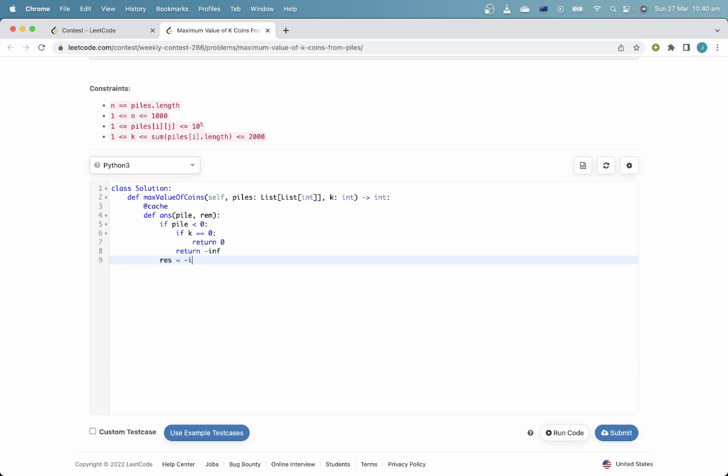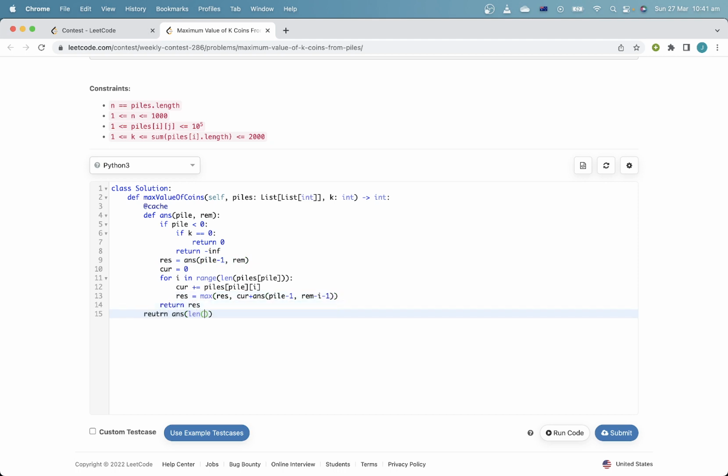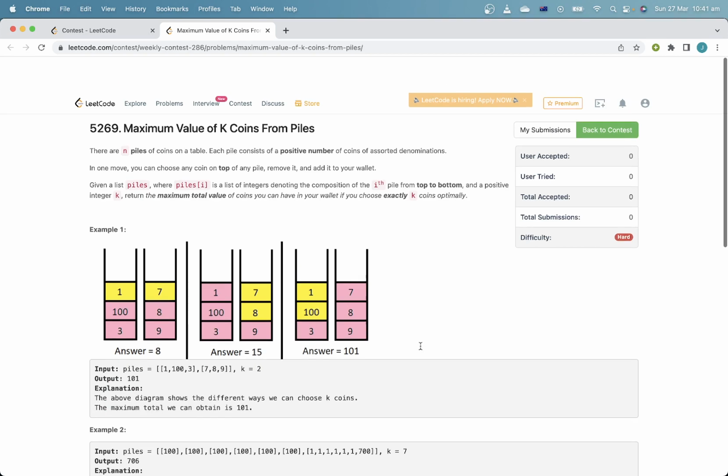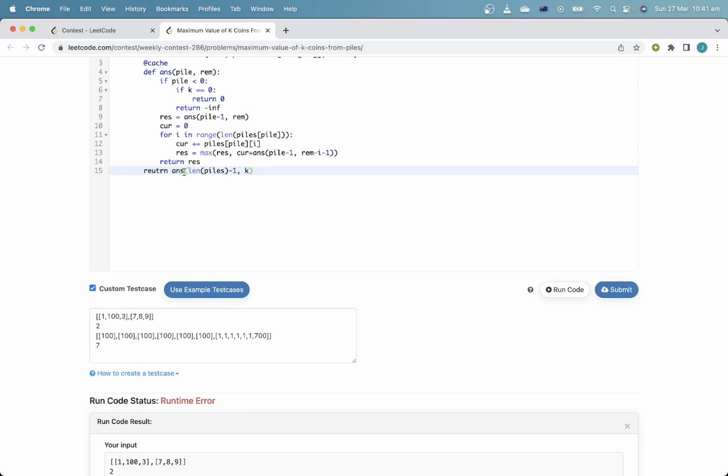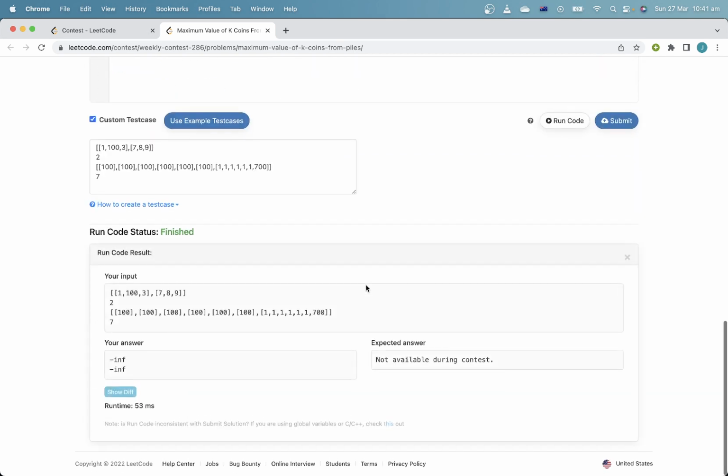Oh. Pile. i. Okay, in this problem, I would have actually benefited by thinking about it less, I think.